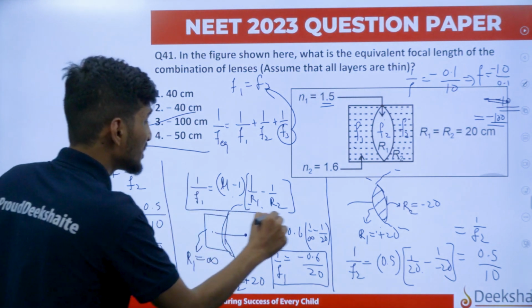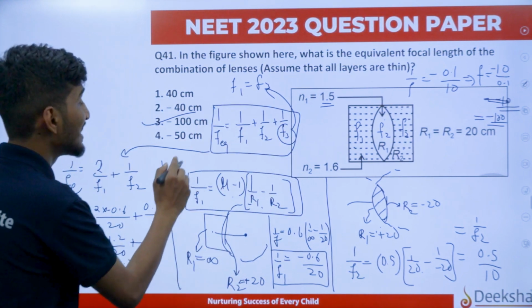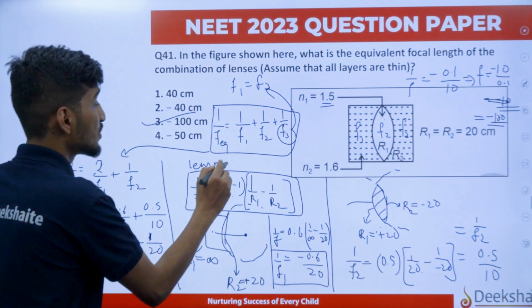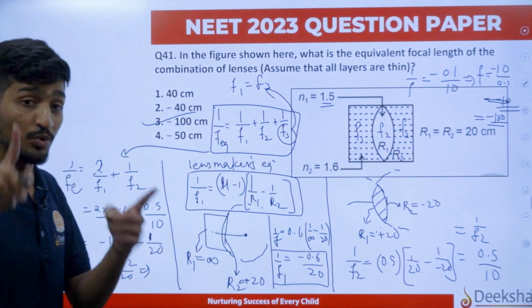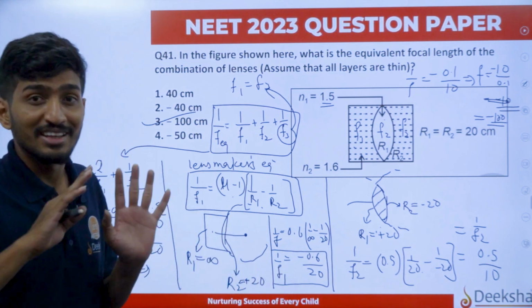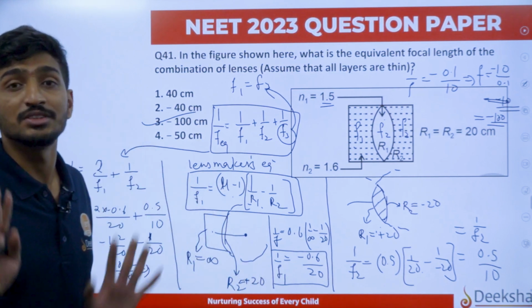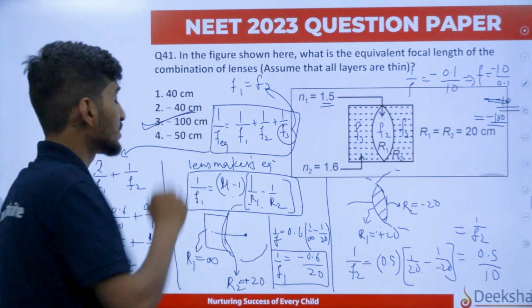The only formula we are using here, apart from the known one, is Lensmaker's equation. As long as you understand how to use Lensmaker's equation properly, with its sign conventions, with all the possible cases, there is nothing that you can't achieve in this question, okay? All right. So what's the answer then? Answer is option number 3.